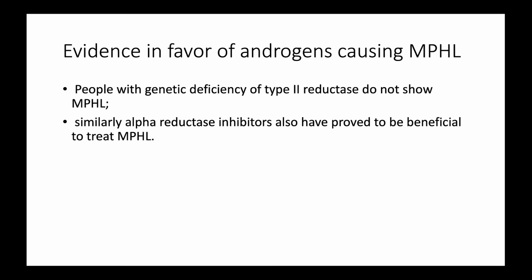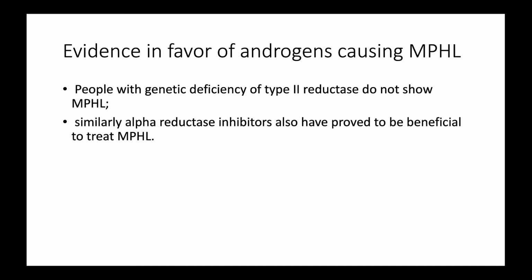The evidence in favor of androgen causing male pattern hair loss is that people who have a genetic deficiency of type 2 alpha reductase do not show male pattern hair loss. As I said, the conversion of testosterone to dihydrotestosterone is initiated by the enzyme type 2 alpha reductase in the dermal papillae and outer root sheath of the hair follicle.